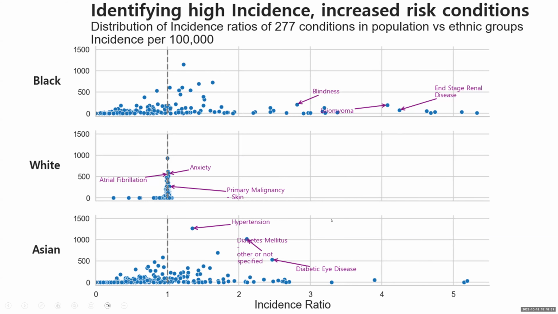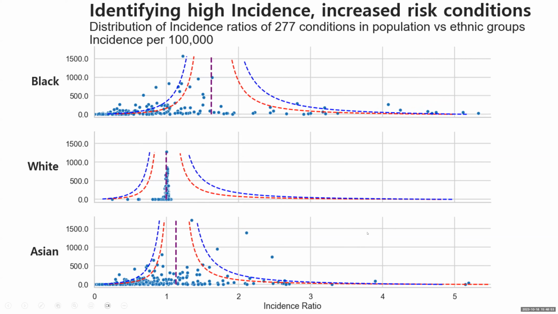And again, we can use a chi-squared confidence interval to look at where those big signals are as a funnel plot, and those conditions that lie outside of the funnel plot, outside of 2 and 3 standard deviations as calculated using a chi-squared exact test for the expected rate of diagnoses.